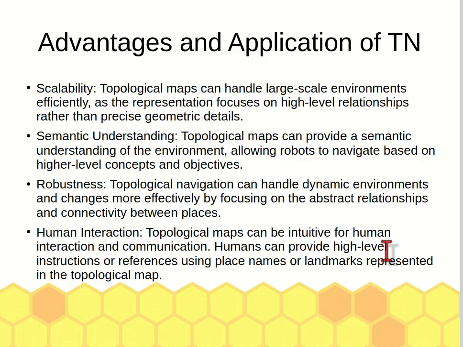So we don't really need to measure the distance from one point to another point. What we need to know is the relationship between the places. So it reduces the space requirement to store all this information, because you only need to store the relationship between places.